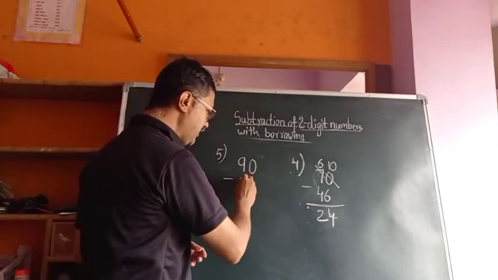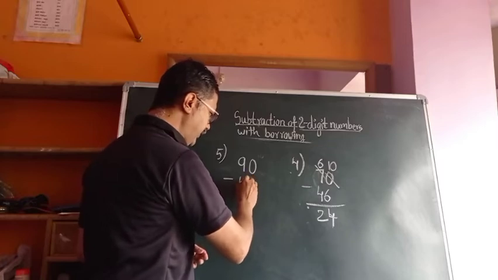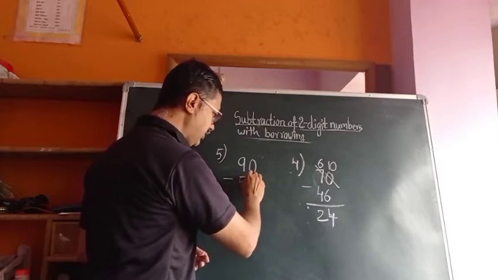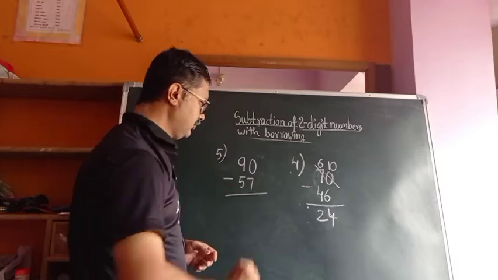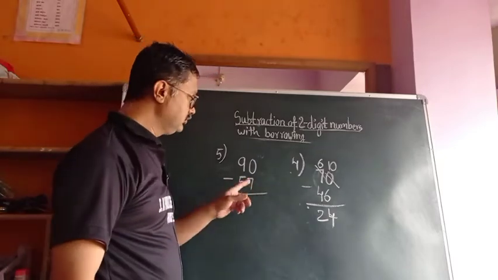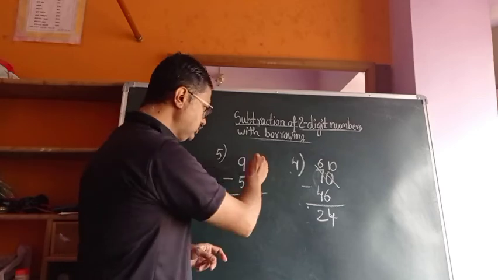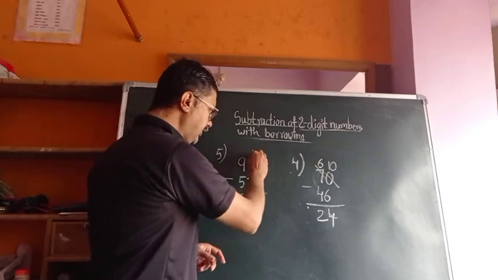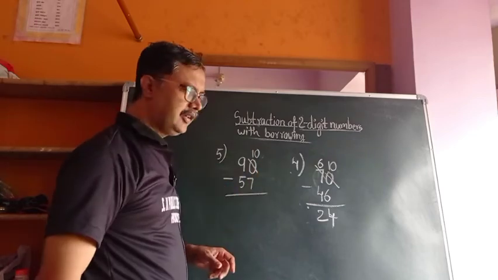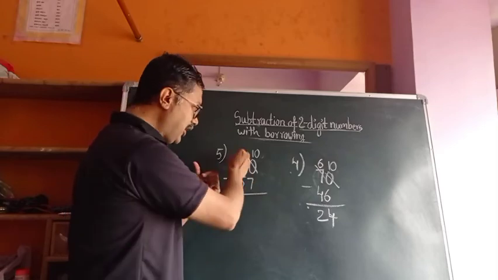90 minus 57. 0, strike out, new number 10. Immediately next number also have to strike out.